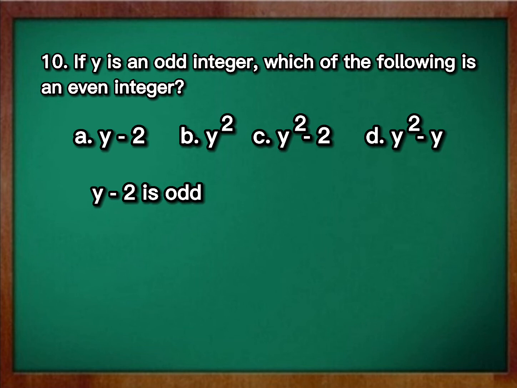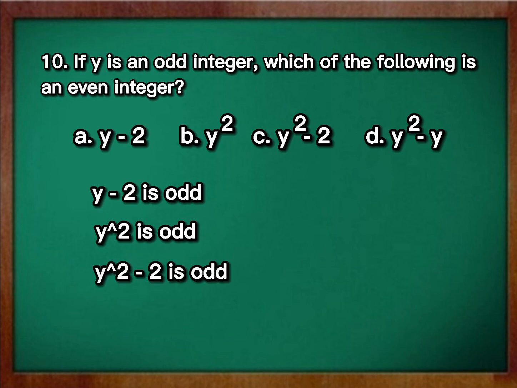For example, 3 minus 2, the answer is 1, which is an odd. And the second choice, y squared, which we said earlier, odd times odd is an odd number. And the third choice, that's y squared minus 2. It's just the same with the first choice, still an odd number.